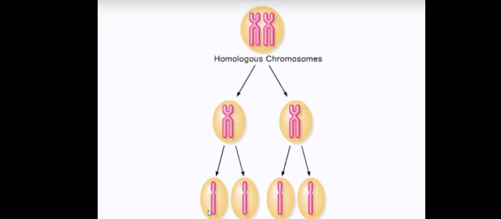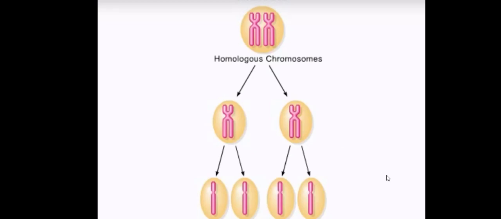Each cell contains 23 chromosomes. This represents one of the homologous chromosomes. Meiosis is responsible for producing 4 haploid cells from one original diploid parent cell. Failure of chromosomes to separate from one another during either round of meiosis results in non-disjunction.